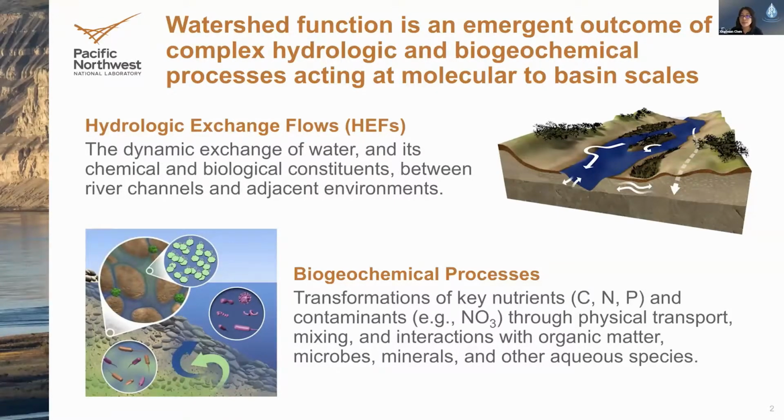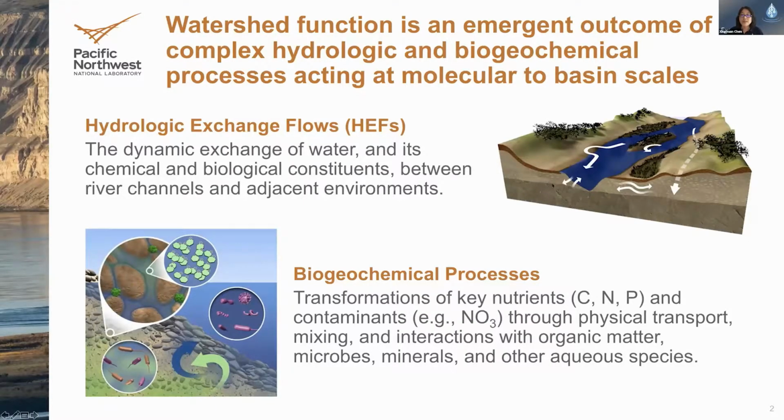For our study, we especially focus on a narrow band around the river, which we call the river corridor. Within that system, the characteristic is the hydrologic exchange flows. We define that as the bidirectional exchange between the river water body and the surrounding environment around it.